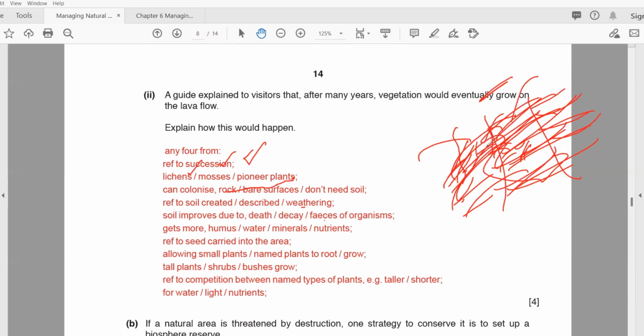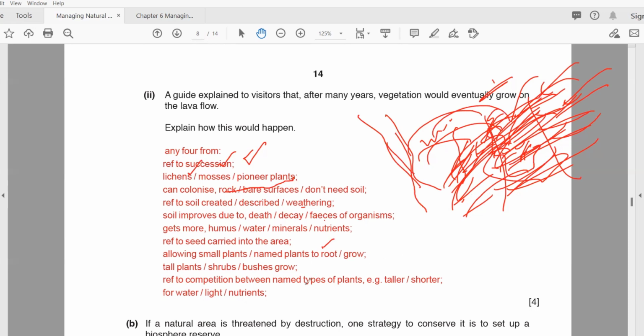Maybe organisms die here and the soil improves. Seeds may come to this area with the wind, with birds, with other things. Then tall plants grow here and their seeds fall down on that area and start to grow.